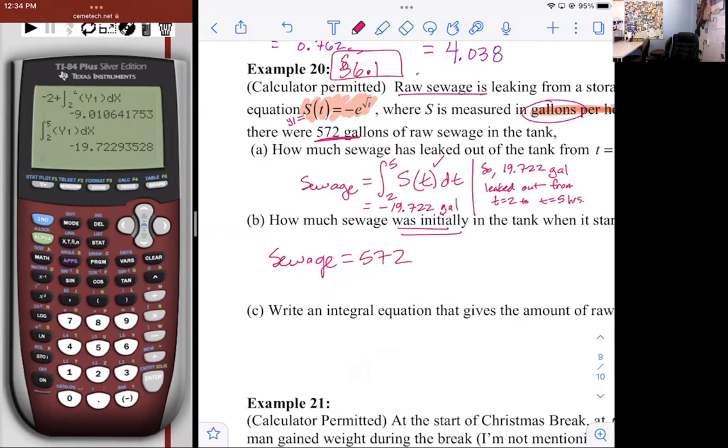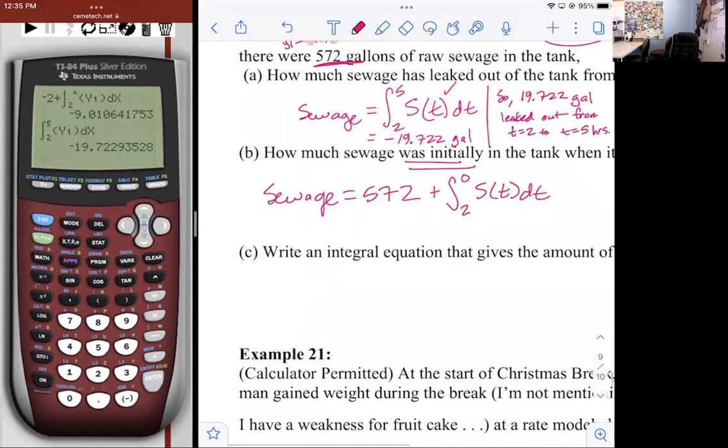Okay. So 572 plus the net accumulation from when we had 572, which was at t equals 2 hours, to where we're trying to get to, which is 0 back in time. And now I can put S of t dt. There's no advantage for you to flip the intervals of integration here.